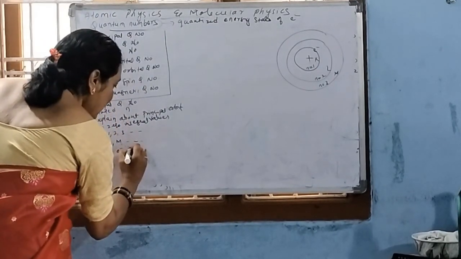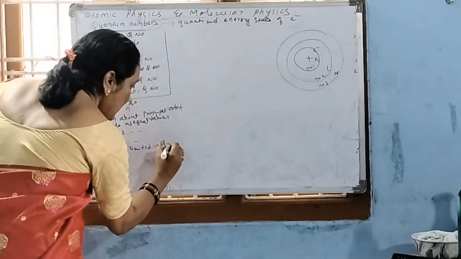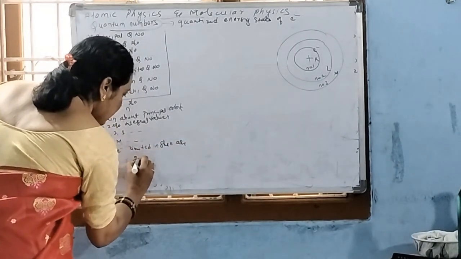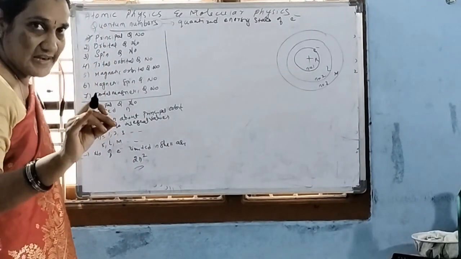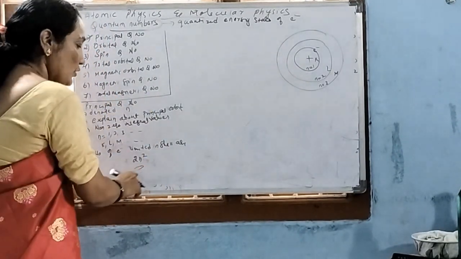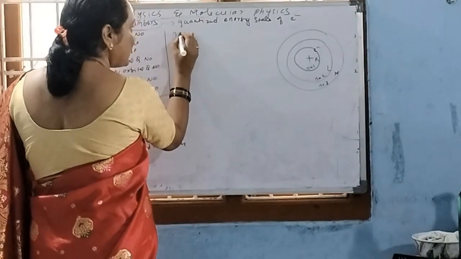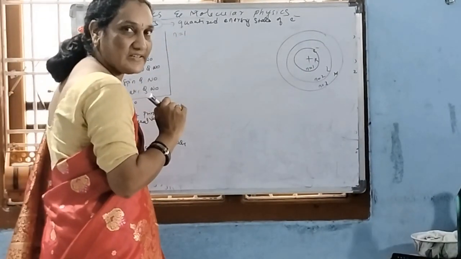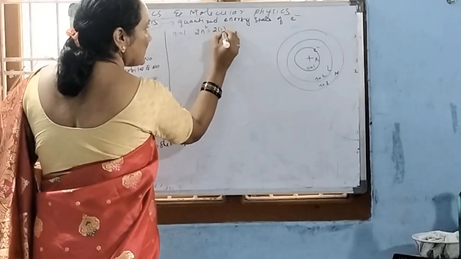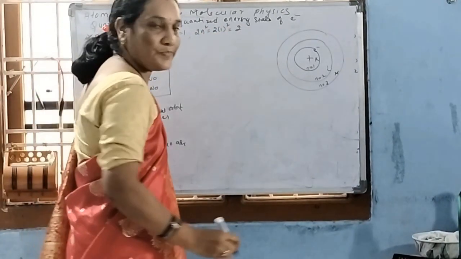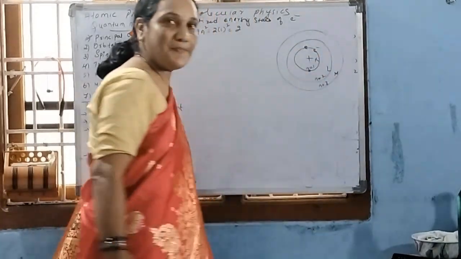Now next, the number of electrons limited in a shell is 2n square. For example, if we take the first orbit, the number of electrons in the first orbit is how much? 2. 2 electrons will be there in the first orbit.